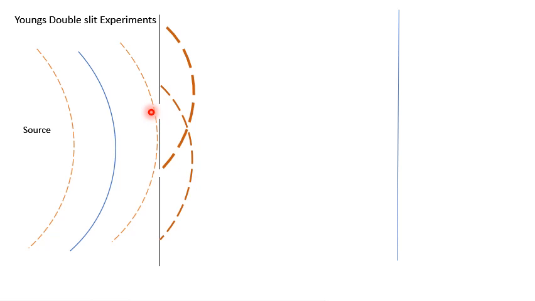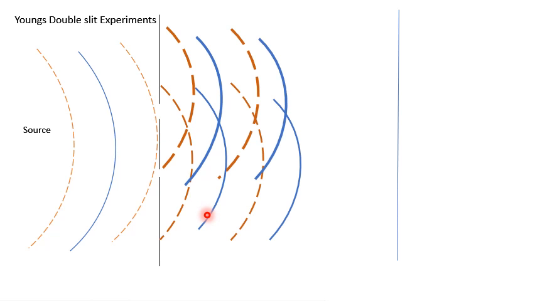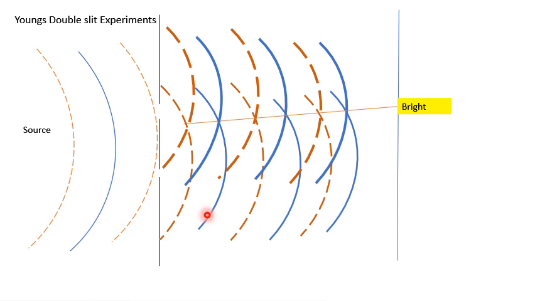So on the basis of Huygens' theory, two new wavefronts are produced, and when they move in a medium they also generate troughs and crests and travel in the form of troughs and crests. According to Huygens' theory, the newly produced wavefront has the same frequency and wavelength as the source. So these two wavefronts also have the same frequency and wavelength.